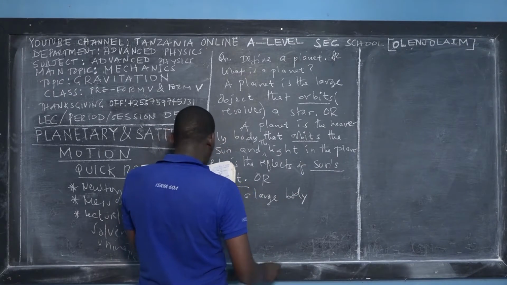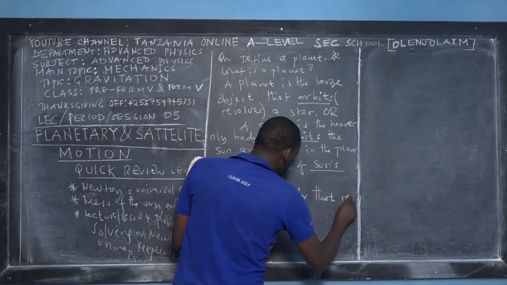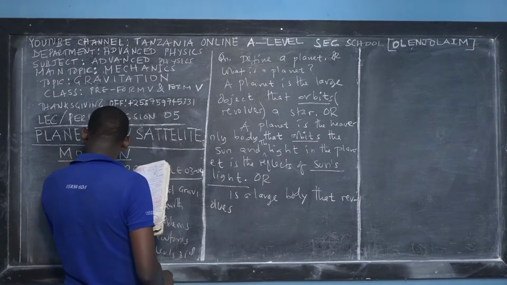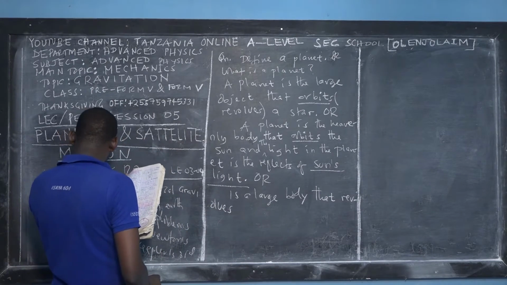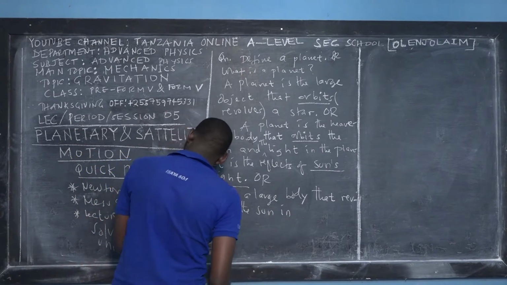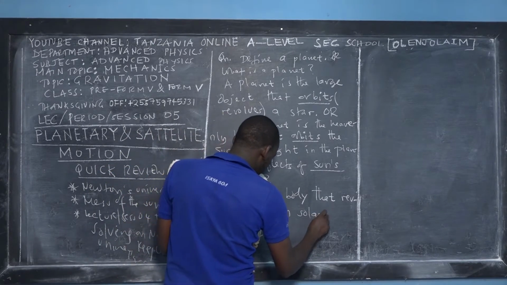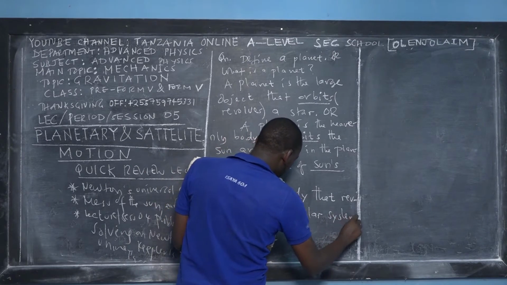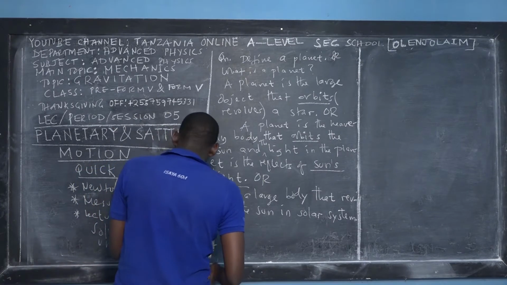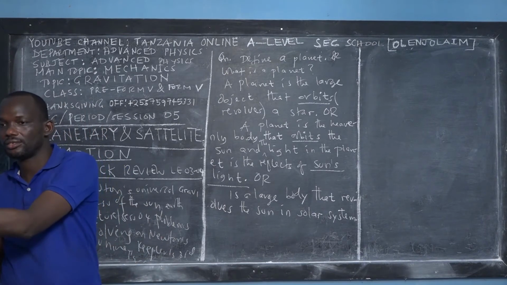A large body that revolves the sun in the solar system. Okay? So that's the third definition of the planet.